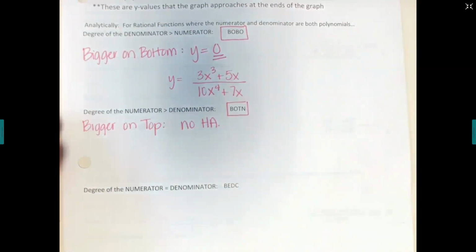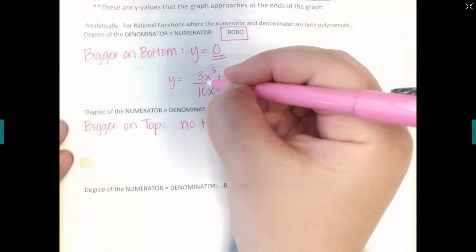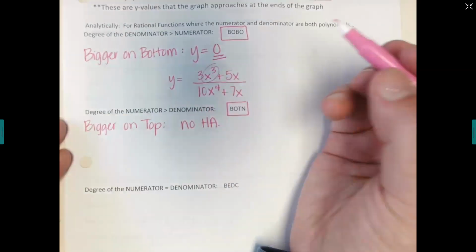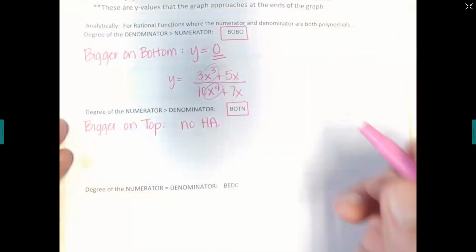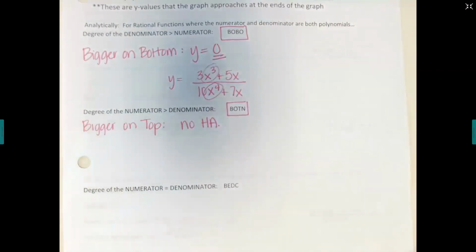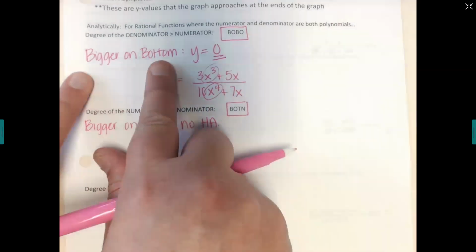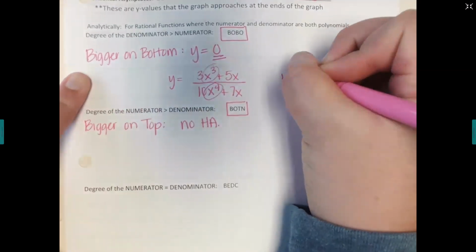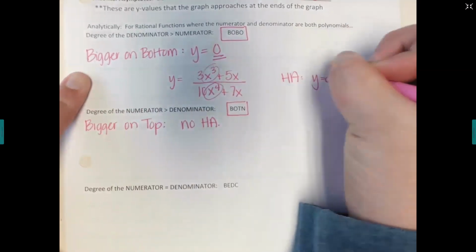The biggest power on the top would be an x3, but on the bottom, the biggest power is an x4. Then you would ask yourself which of those is bigger. What's bigger, x3 or x4? 4, so this is bigger on the bottom, and your horizontal asymptote would be 0.